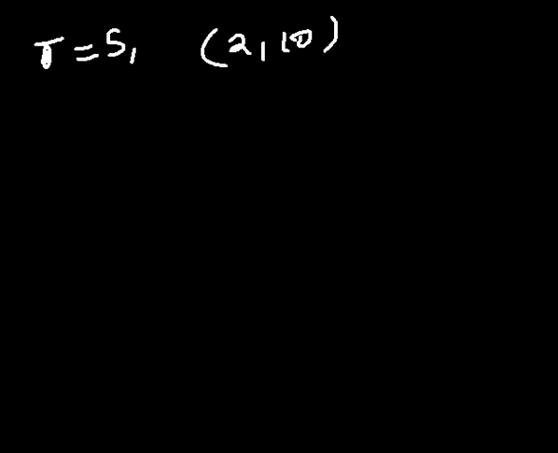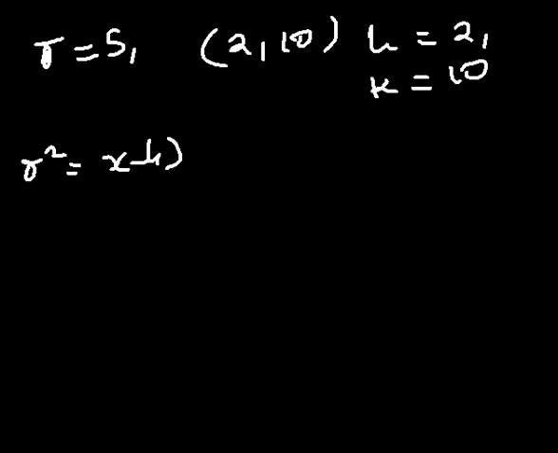So what is the equation of this circle? In this case, we have h given as 2, and we have k given as 10. So what is the formula for the equation of a circle? We have r square is equal to x minus h square, plus y minus k square.